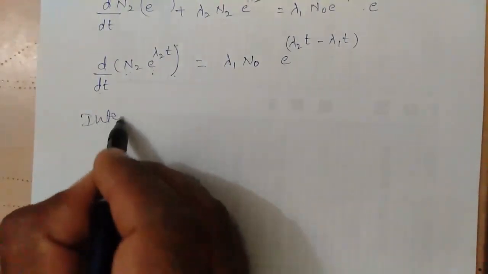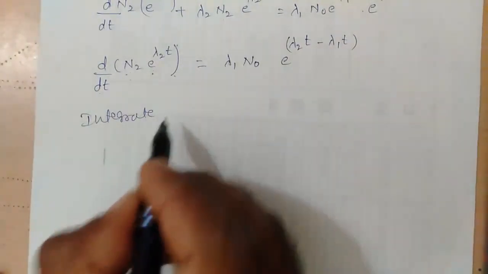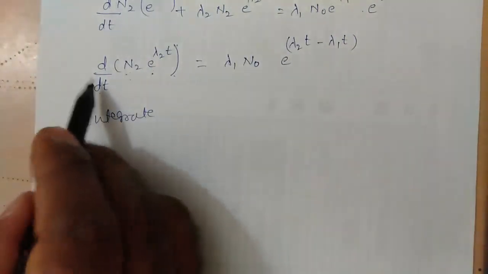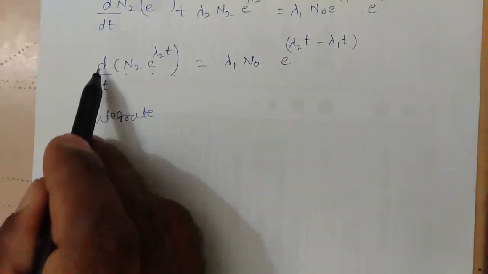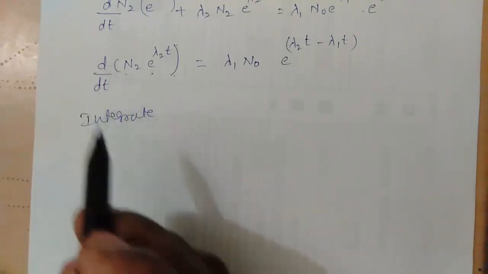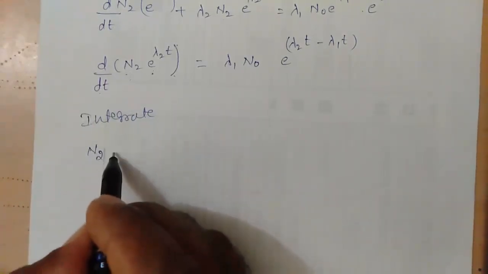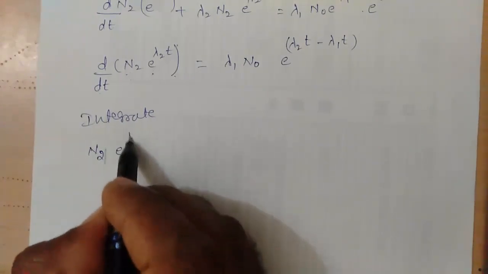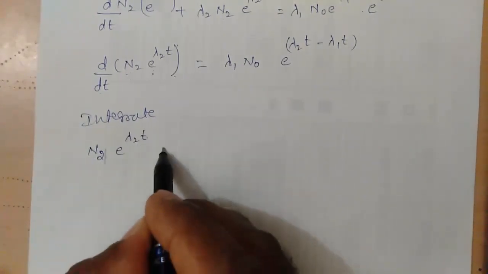Now let us integrate the above equation. On the left hand side, integration and differentiation cancel, so it will be N2 e^(λ2 t).